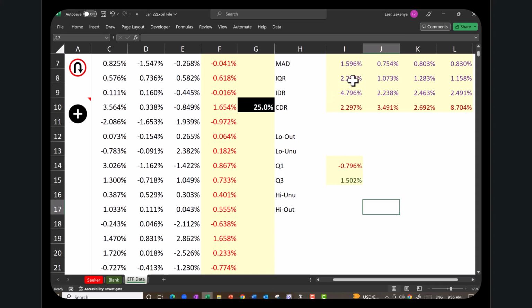Now we already have our IQR here. So high unusual is Q3 plus 1.5 times the IQR, F4, F4.